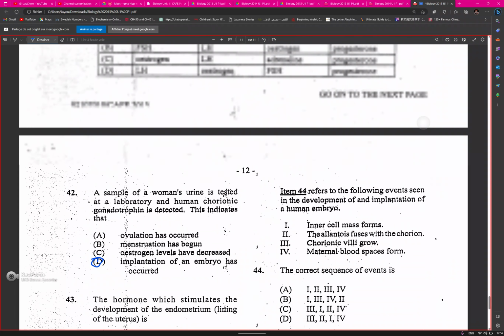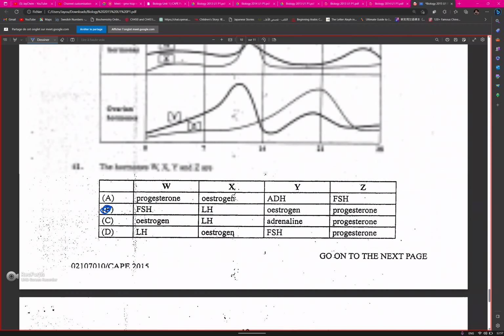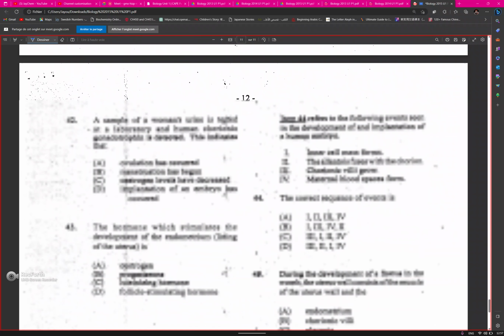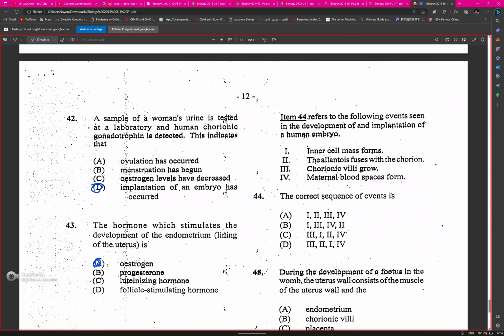Excuse me, sir. What was the answer for question 41 again? 41. B here. Okay, thank you. All right. So we're saying that the inner cell mass forms. Sounds like the blastula to me. Chorionic villi grow, then the maternal blood is formed, the allantois fuses with the chorion.